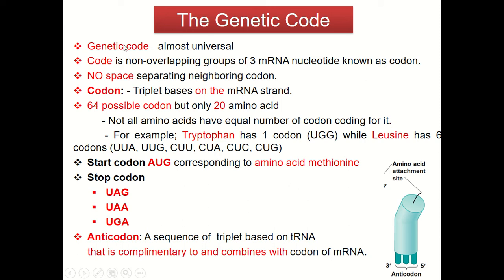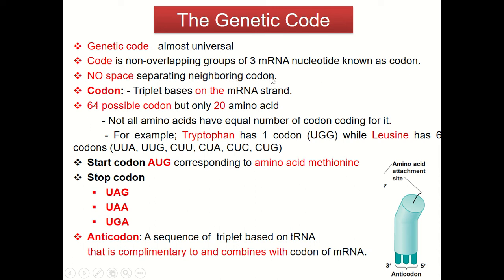The genetic code is a series of non-overlapping groups of 3 mRNA nucleotides. The nucleotides here are adenine, guanine, cytosine, and uracil, and a group of three is known as a codon. Between the codons, there is no space separating the neighboring codon.